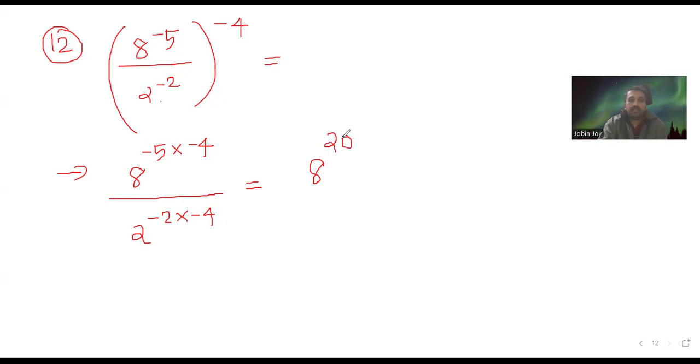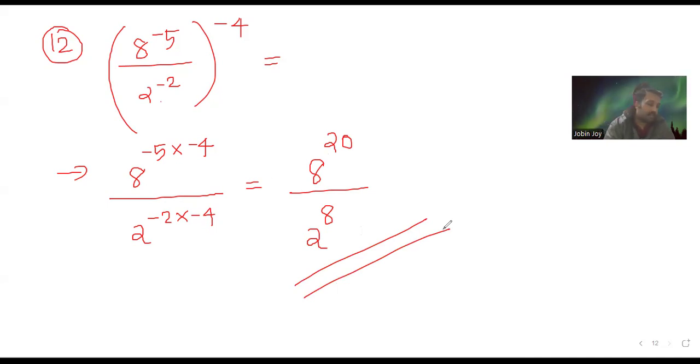That means 8 raised to 20 divided by 2 raised to, what is 4 into 2? 8. Then minus into minus plus, 2 raised to 8. So 8 raised to 20 divided by 2 raised to 8. So the final answer is 8 raised to 20 divided by 2 raised to 8.